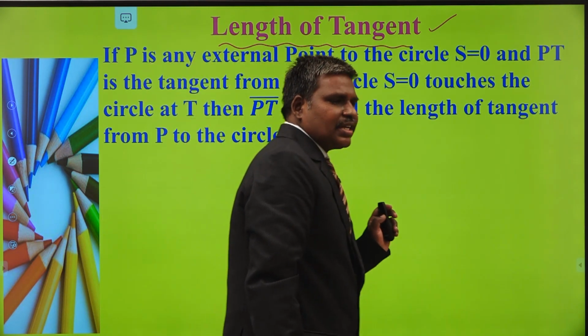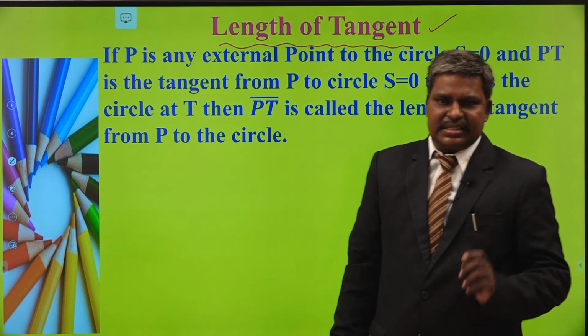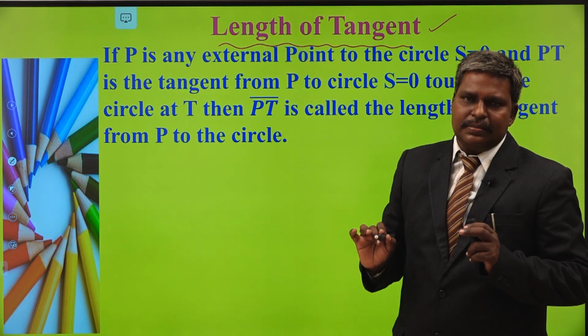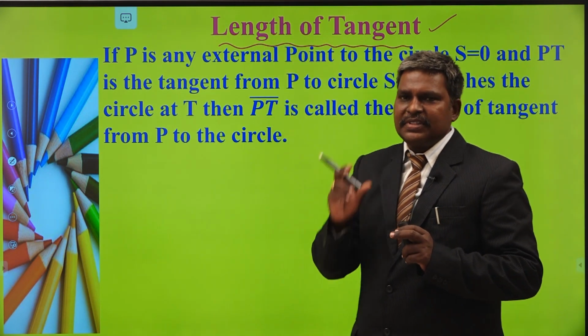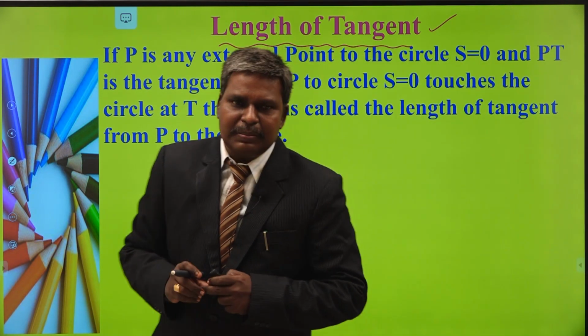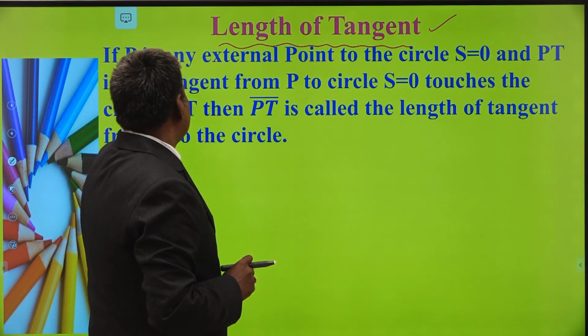P is any external point to the circle S equals 0 with the center at C. If you draw a tangent to the circle, and it touches the circle at my point T, then PT is called the length of tangent from point P to the circle S equals 0. This is the definition.